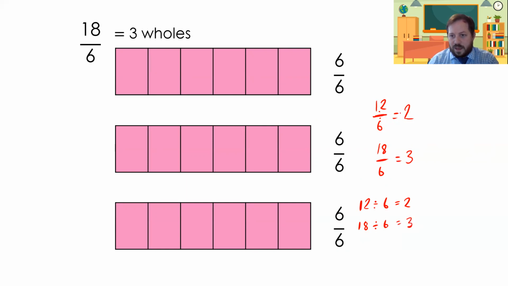And you can see that here. And that's where it comes from. And that's actually what a fraction is. It's the top number divided by the bottom number. And this is how it always is the case. And if you have a remainder, then that's how many pieces you have left over.